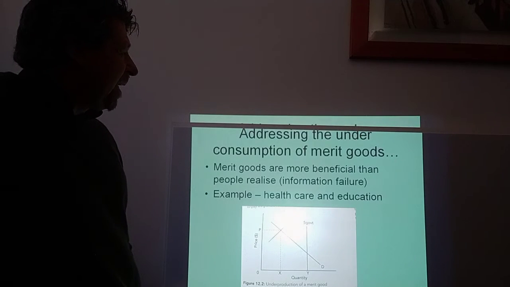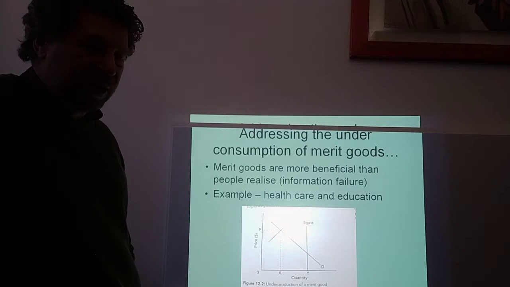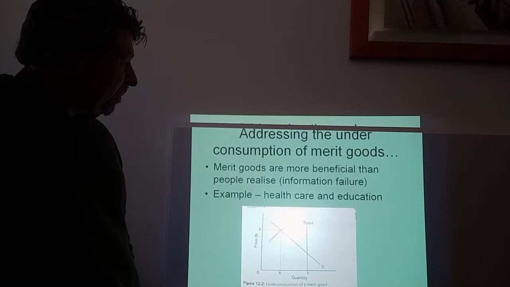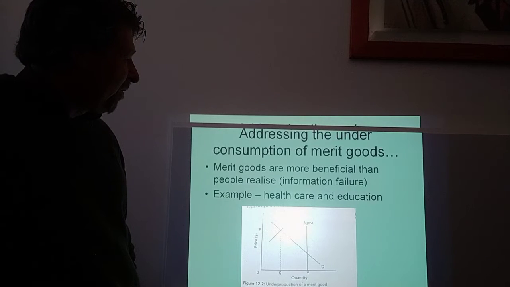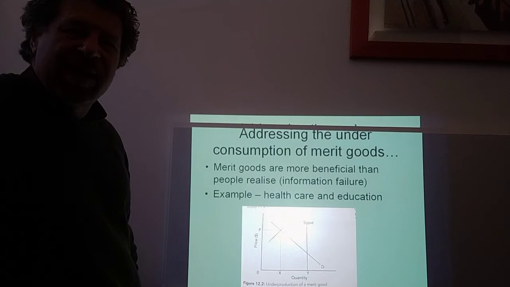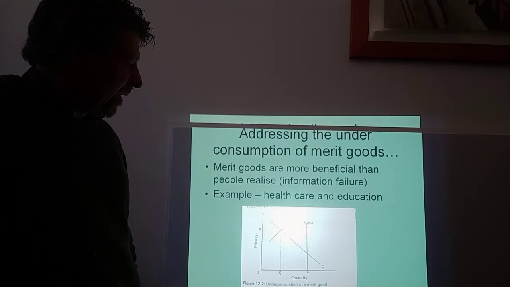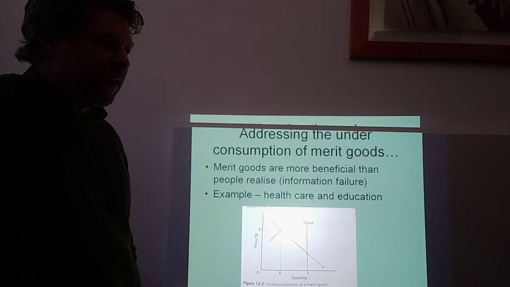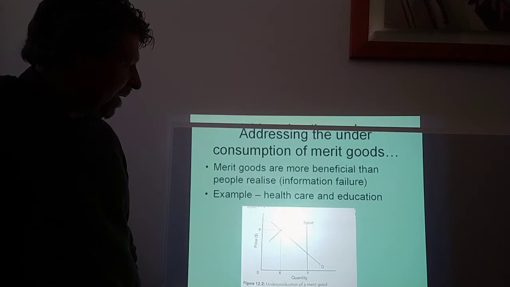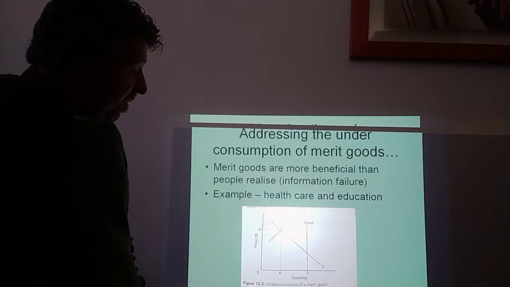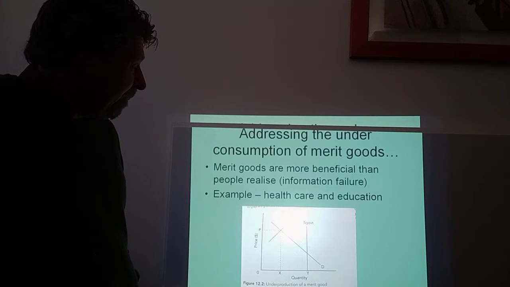So there's that, addressing the overproduction. And addressing the underconsumption of merit goods. Merit goods, again, we know there's an information failure. People don't realise they're so important, for example, like prevention of cancers or something, or education, etc. This means that the government needs to step in.